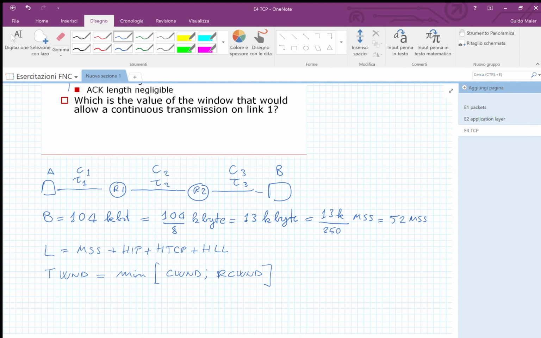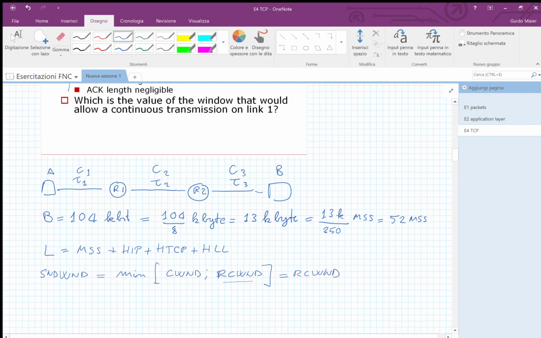Actually, transmission window is usually called send window. So now we know that the receive window is the smallest one of the two. So basically, in this case, only in this exercise, the send window will be equal to the receive window.